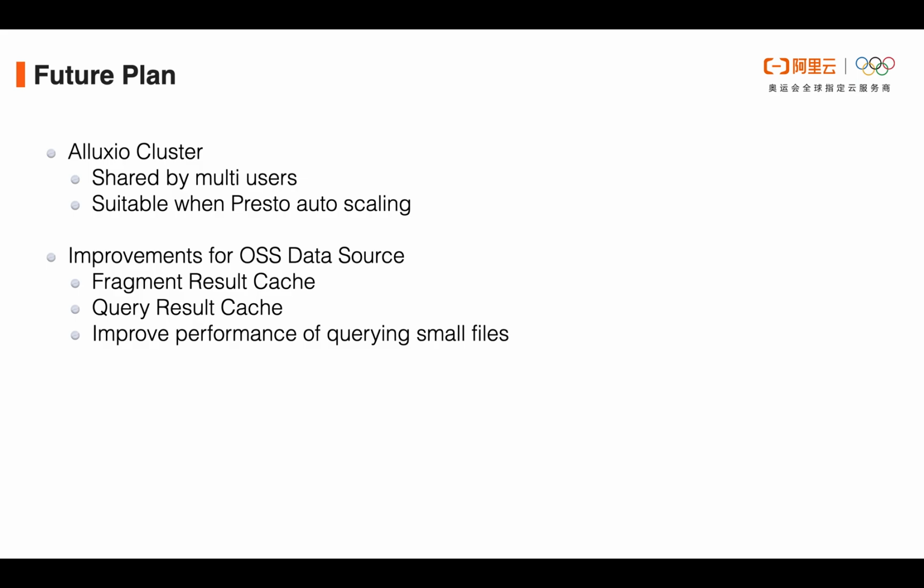For example, to backport the fragment result cache, which is already implemented by the community. And also, we will implement the query result cache, and we will improve the performance of querying small files, and maybe some other improvements.